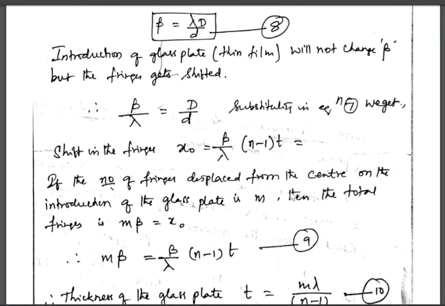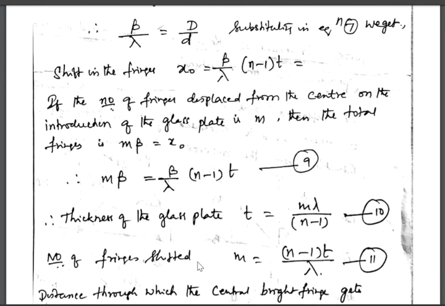If the number of fringes displaced from the center on the introduction of the glass plate is m, then the total shift x0 will be m into beta. So in place of x0, you write m beta. So m beta is equal to (beta/λ)(n − 1)t. Cancel beta on either side. Then we get m = (n − 1)t/λ.